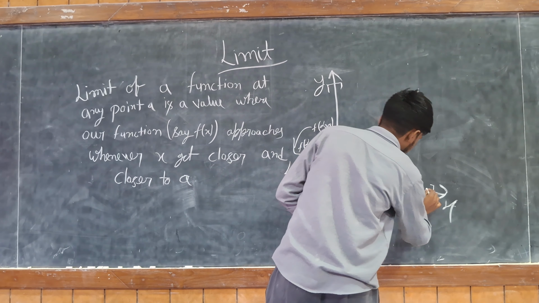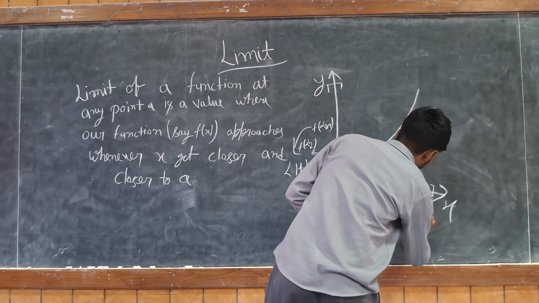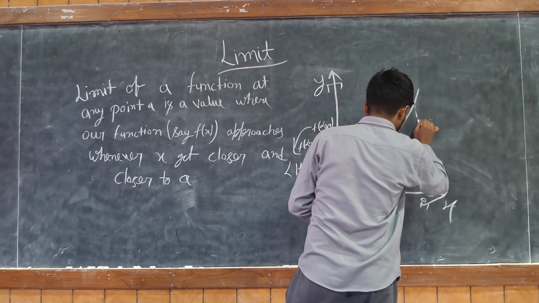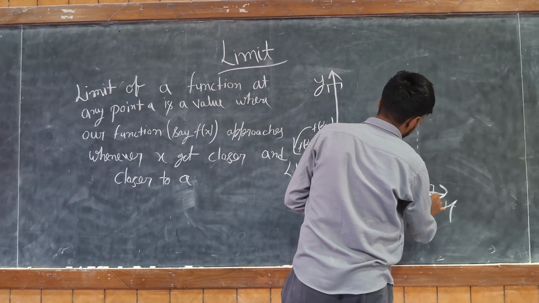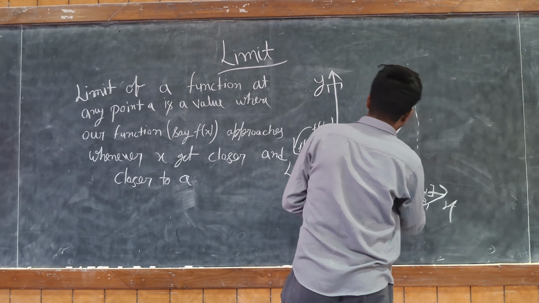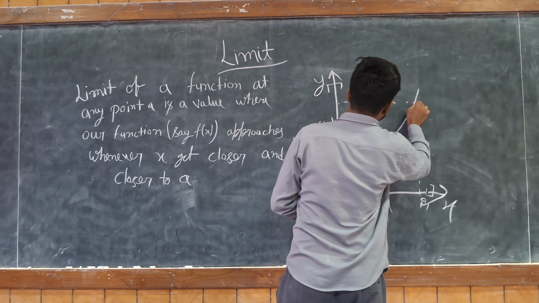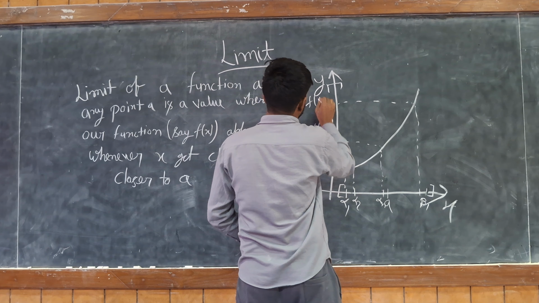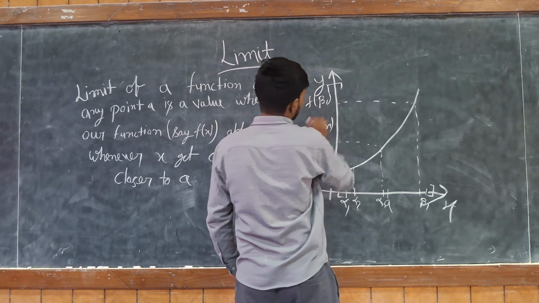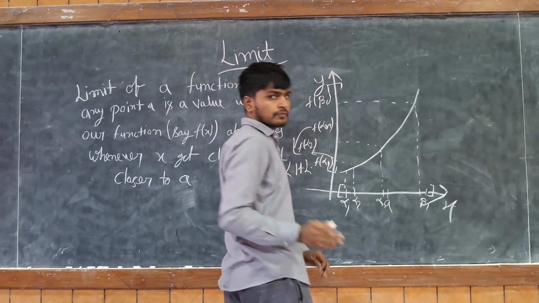And similarly take point beta 1 from the right hand side. The function value at beta 1 is f of beta 1, and similarly x approaches from right.